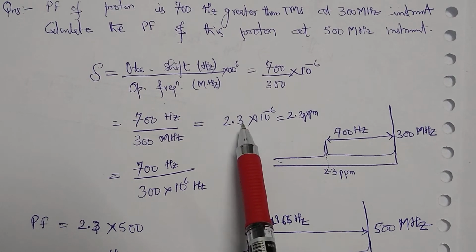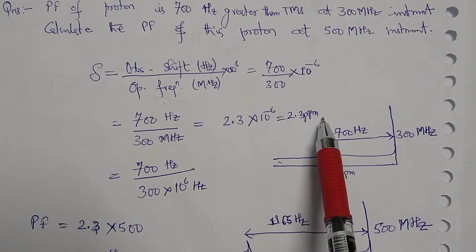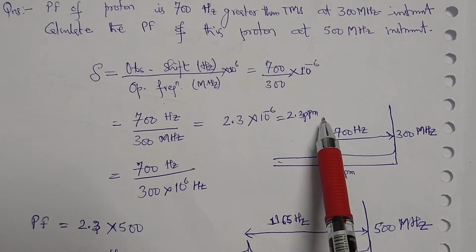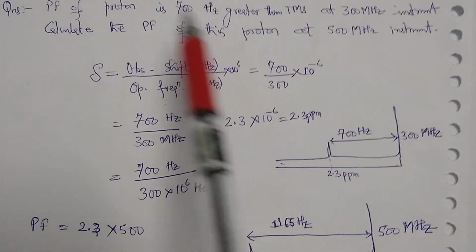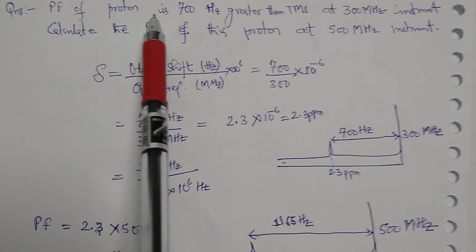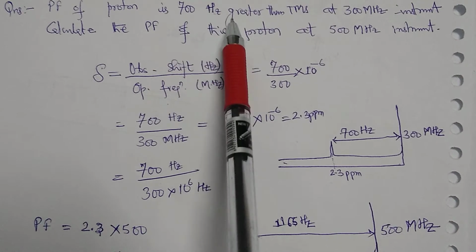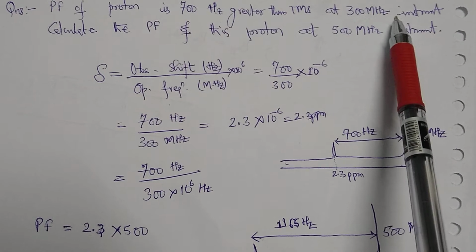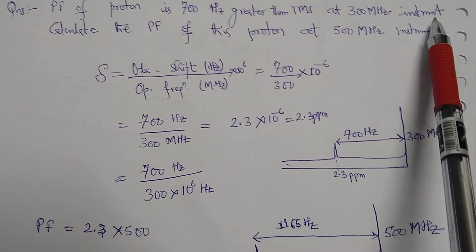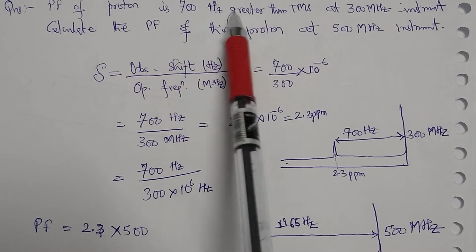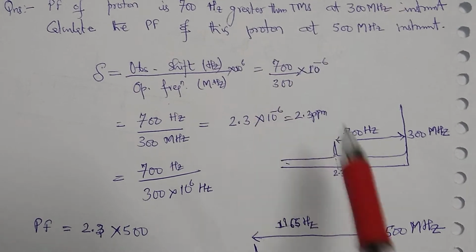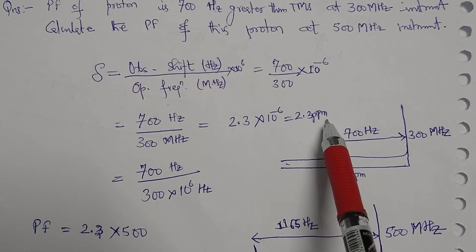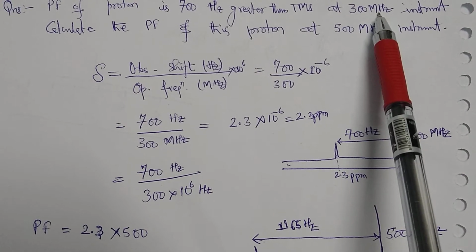So we will have 2.3 parts per million. So the precessional frequency of the proton, 700 Hz greater than that of TMS at a 300 MHz instrument, means 2.3 ppm for the 300 MHz instrument.